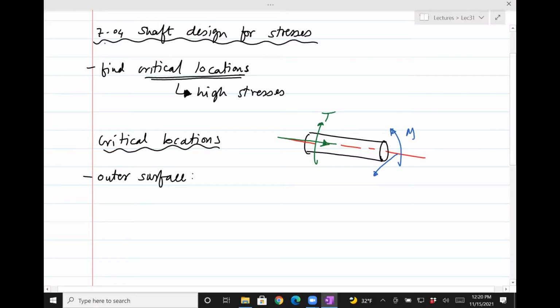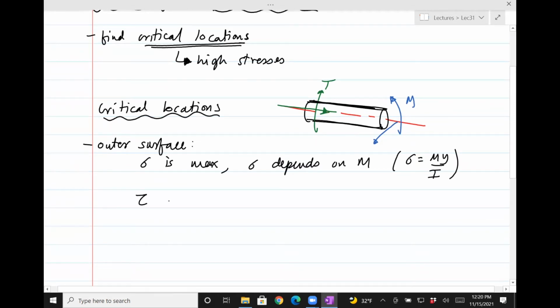The reason I drew torque and M is because of the maximum stress, sigma max. On the outer surface, that is on this edge, you'll see that sigma is max and sigma depends on M. In fact, the formula is sigma equals My divided by I. The shear stress due to torque is also max on the outer surface, and that is because of tau.